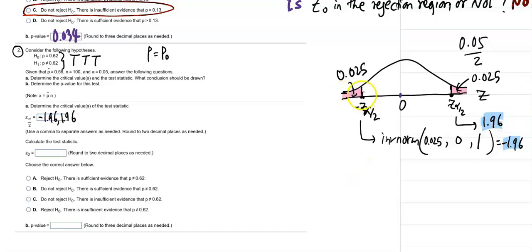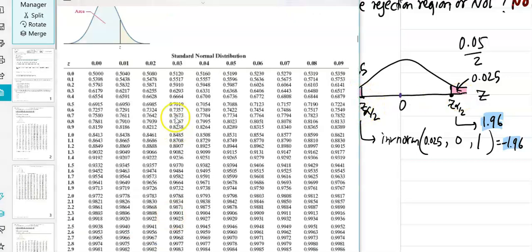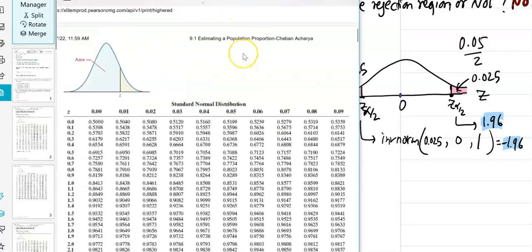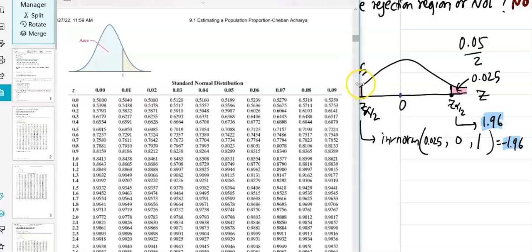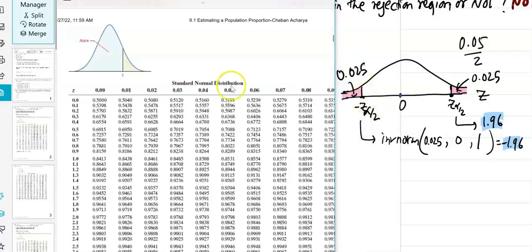Now let me show you how to find the critical value using the table. Let's find this critical value, and I'm going to find it has to be the positive of this value. So let me find it here. That is called the normal distribution table. I'm looking for not this one, because this is the right critical value.